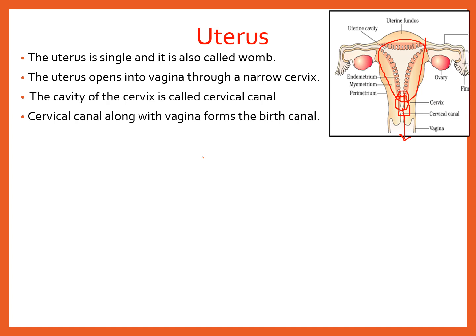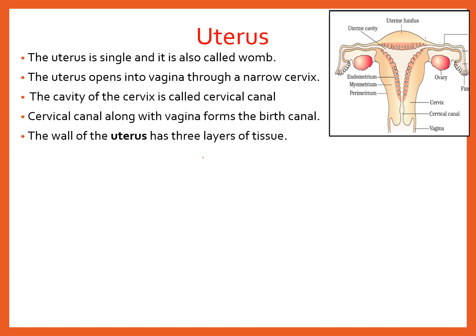Cervical canal along with the vagina forms the birth canal. So your embryo attaches to this region and develops, and when it completely develops, it moves out through this canal which is called as birth canal.